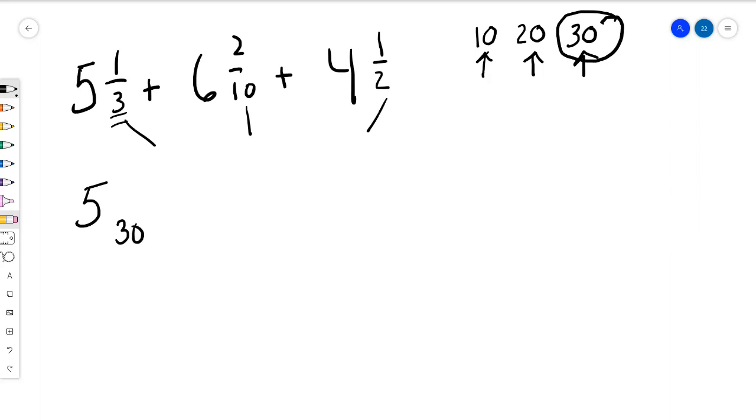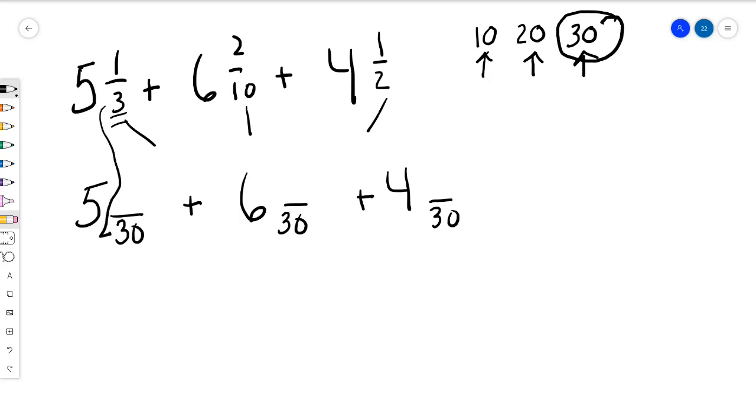So I like to say, write down everything you know. We know our whole numbers are going to remain the same. We know our denominator is 30. Write that down. I'm still adding. Okay, so look at our first mixed number, 5 1/3. What did I do to get from 3 to 30? I multiplied by 10, so I multiply my numerator by 10.